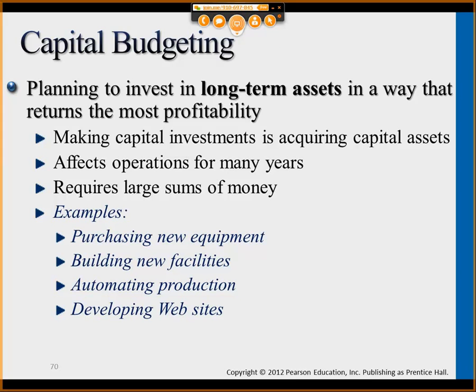In addition to altering our operations for many years, capital investment is also a big hit in the sense of how much money it requires. So it's not your regular purchase. It's usually a large sum.